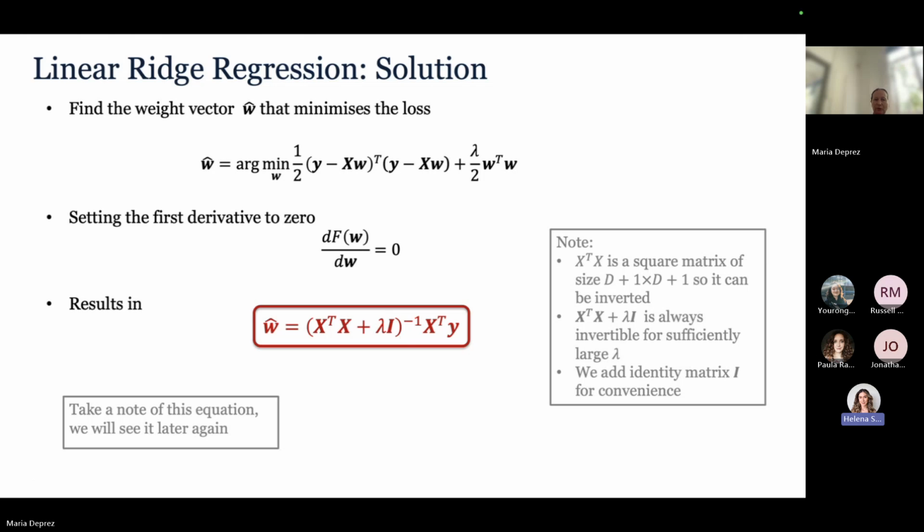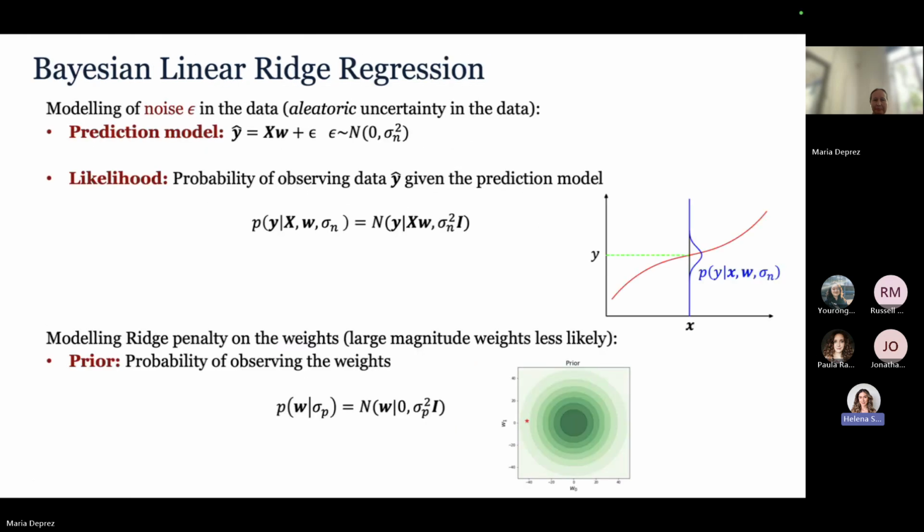Now, this is an important equation which will keep coming back when we go further. Now I'm going to start talking about the Bayesian framework. Helena already talked about some of these things. So the prediction model, before we were kind of ignoring the noise in the data. We would just say that y is x times w.